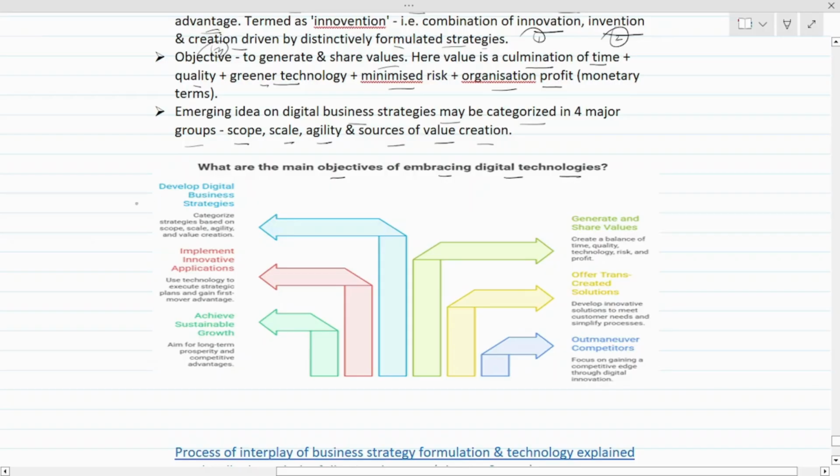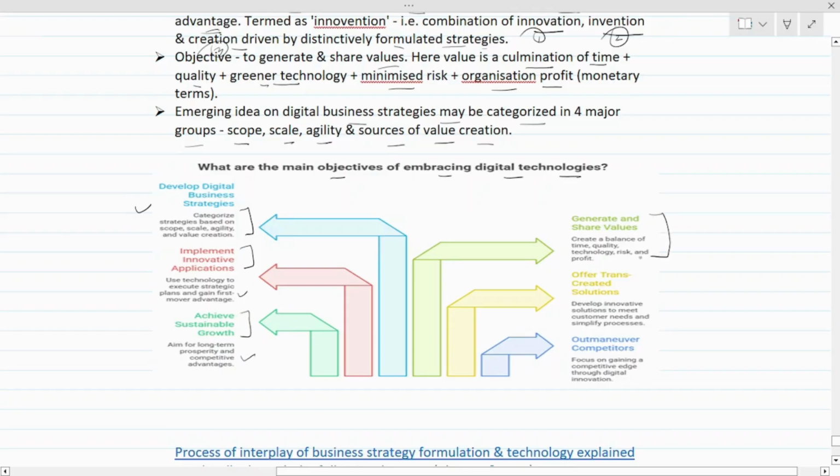So first of all, you develop digital business strategy. You categorize strategies based on scope, scale, agility, and value creation. Right. Then you implement innovative applications wherein you use technology to execute strategic plans and gain first mover advantage. Then you talk about achieving sustainable growth, that is, aim for long-term prosperity and competitive advantage.